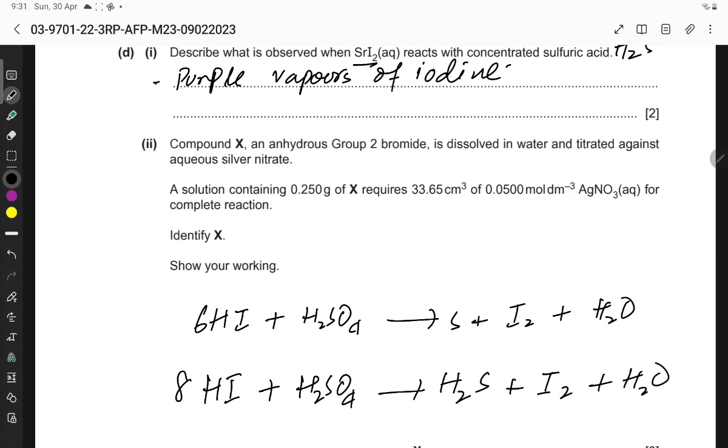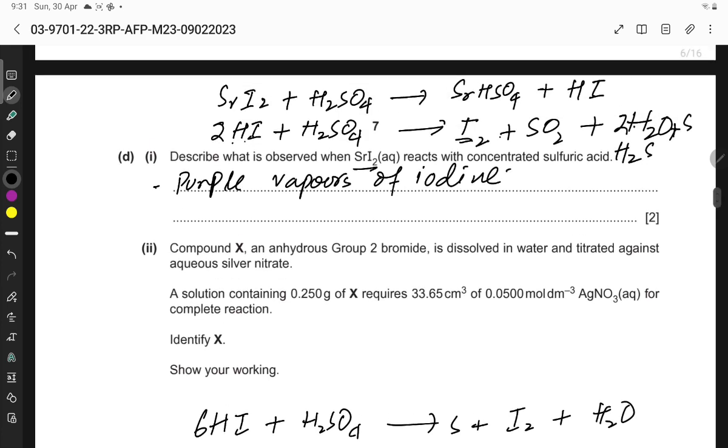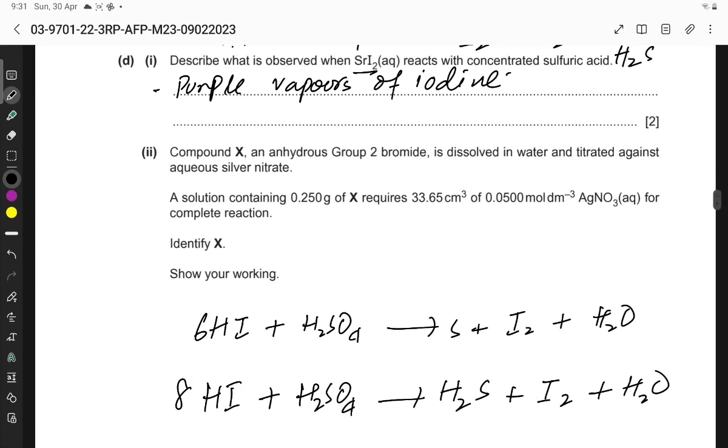These are the possible reactions of hydrogen iodide with sulfuric acid.